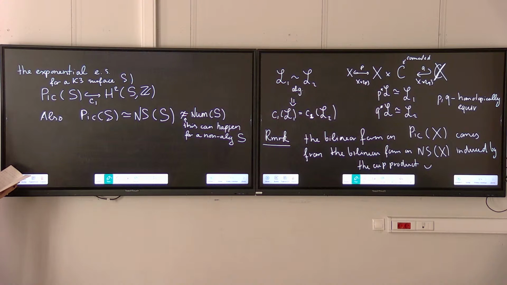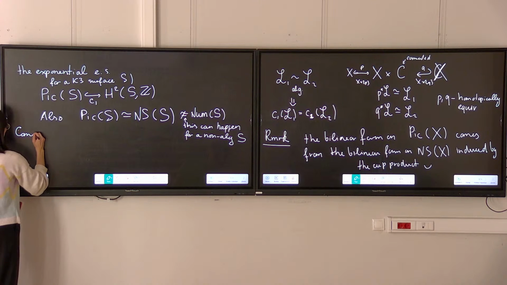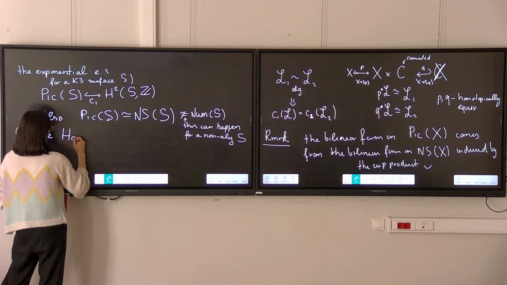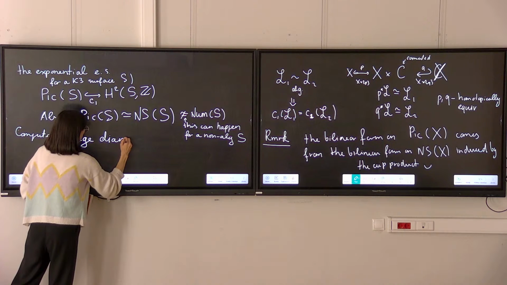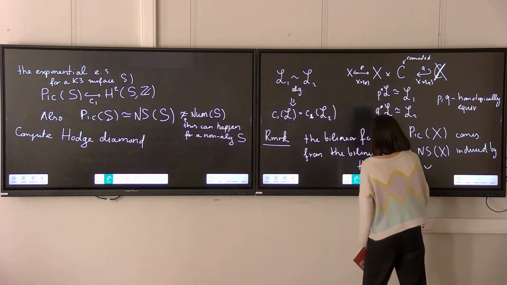And now let us compute the Hodge diamond of S. What is the Hodge diamond?